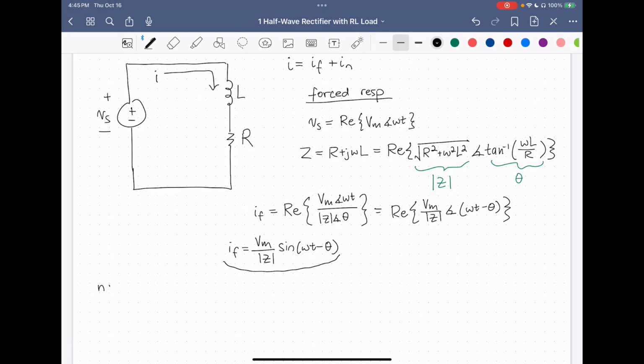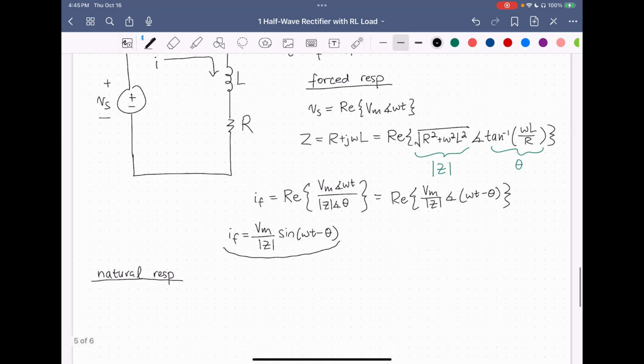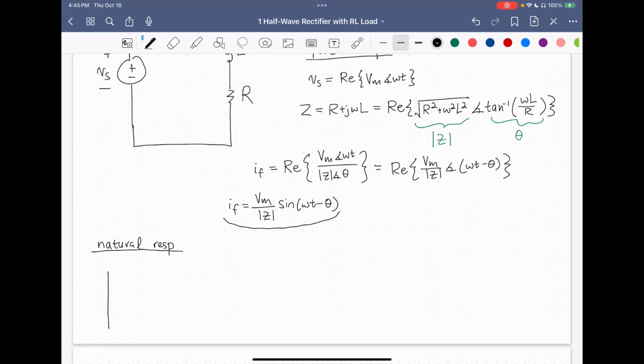So the next step is to find the natural response. The natural response is due to just the inductor and resistor themselves and their dynamics. So in this case, we're going to zero out the voltage source to find the natural response. This is R, this is L. So by KVL, we're just going to have the voltage drop across the inductor plus the voltage drop across the resistor equals 0.